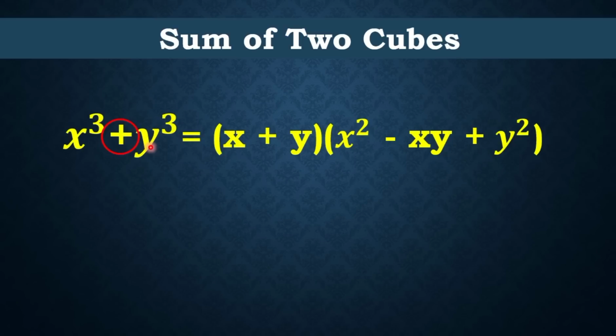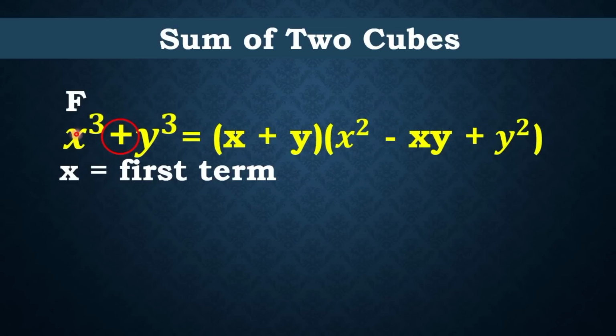So, kagaya kanina, pag difference of two squares, x plus y, x minus y, pag cube na siya, ito naman ngayon. Okay? So, ito, saan natin siya kukunin? Pag nakuha mo yung cube root ng first term mo, dito mo siya ilalagay. And then yung y, pag nakuha mo yung cube root nung last term mo, dito mo siya ilalagay.